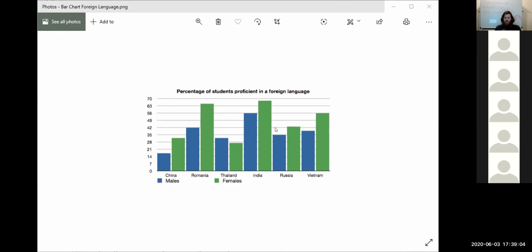If we were to compare India to China for both males and females, was there a difference? Was it a small difference, a significant difference? Significant, yeah, absolutely.